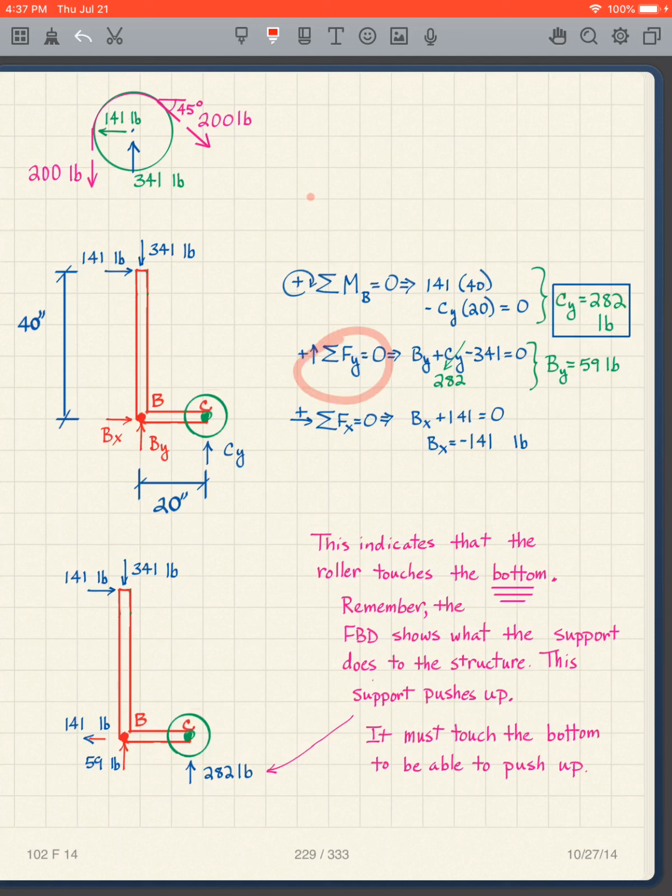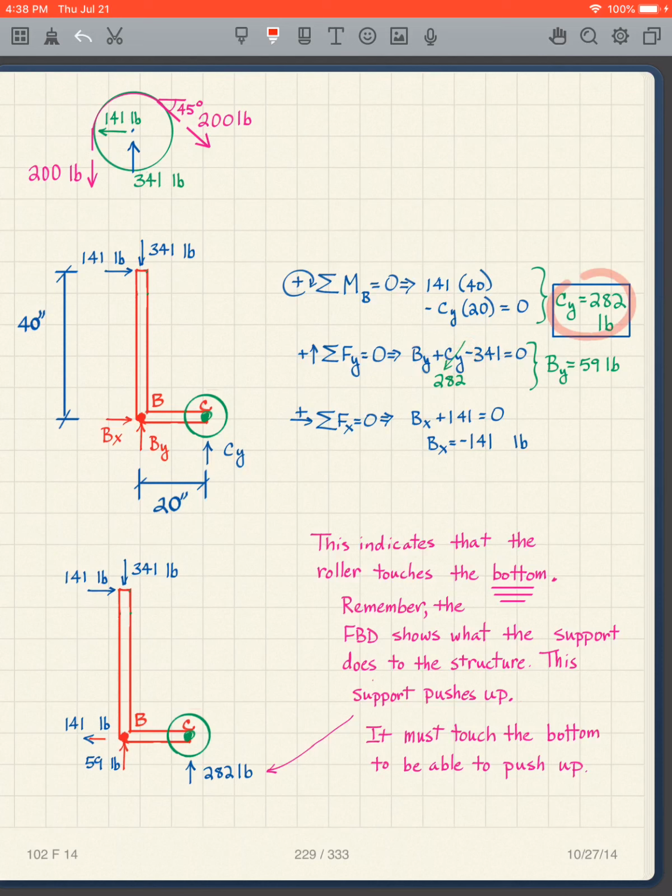Take the sum of the forces in the Y direction. So I have the BY minus 341 plus the CY. So I'm going to have BY plus the CY minus the 341.